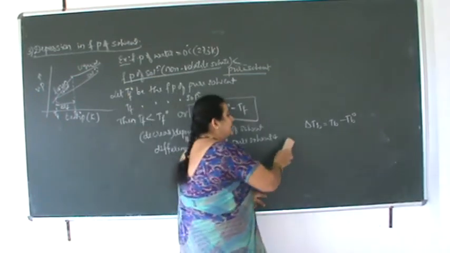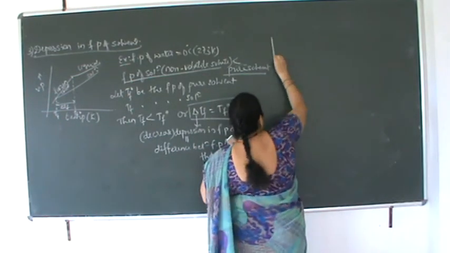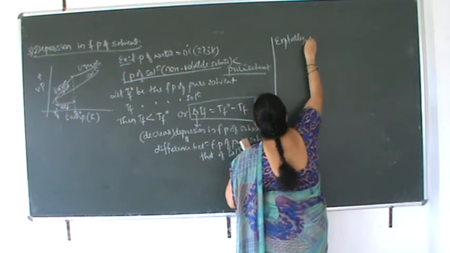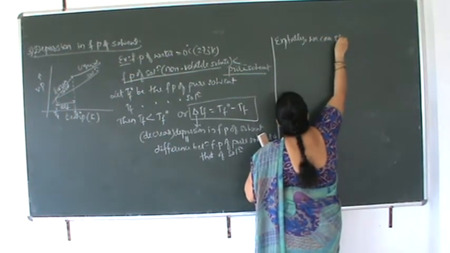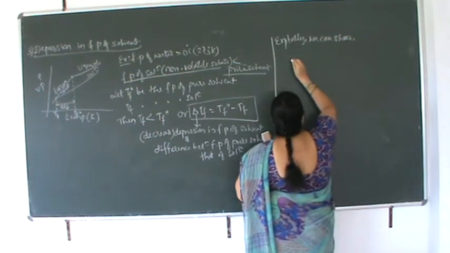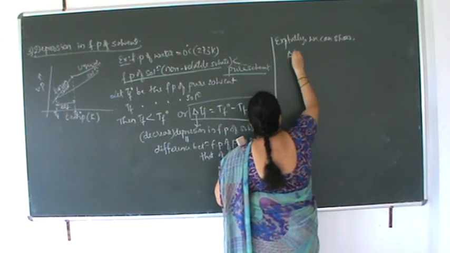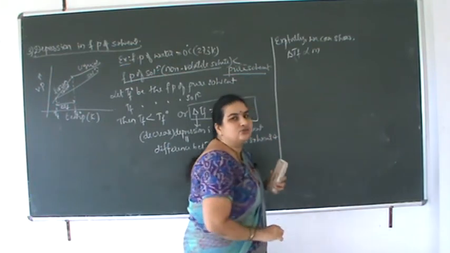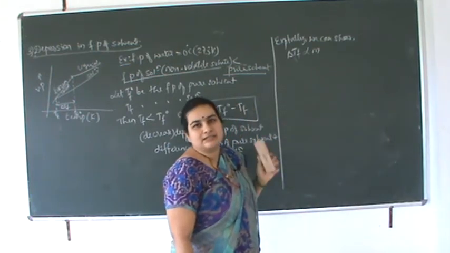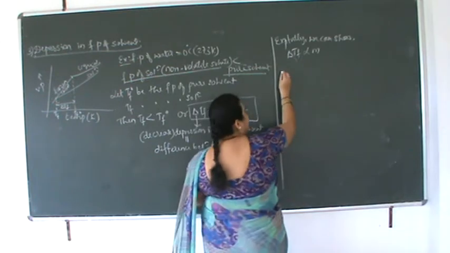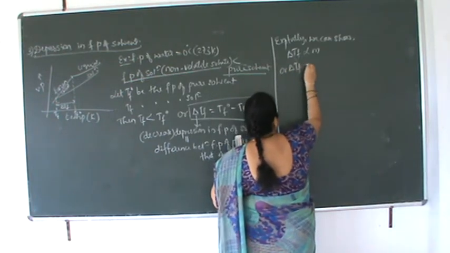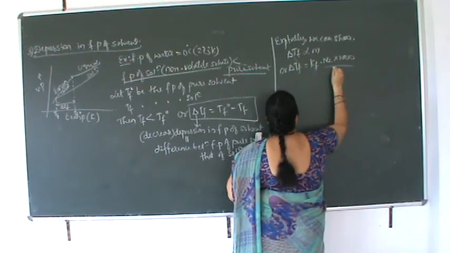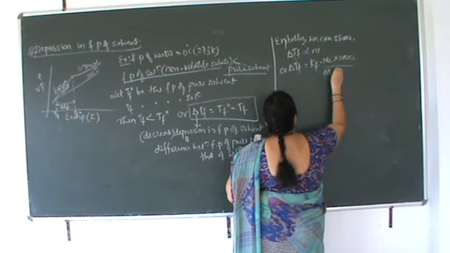So now, on an experimental basis we can show that, similar to elevation in boiling point, depression in freezing point is also related to the concentration of the solution, that is molality of the solution. So delta TF is equal to Kf into W2 into 1000 divided by M2 into W1.